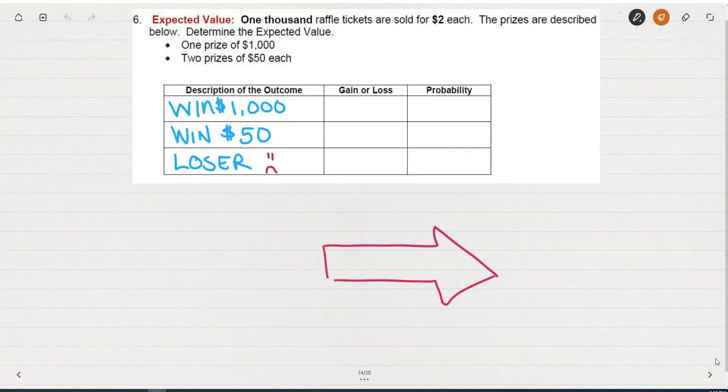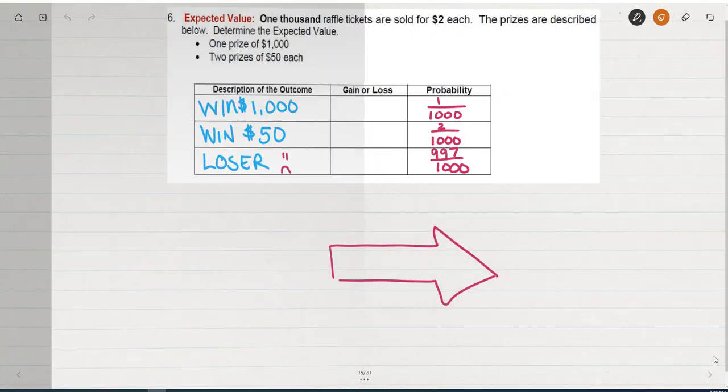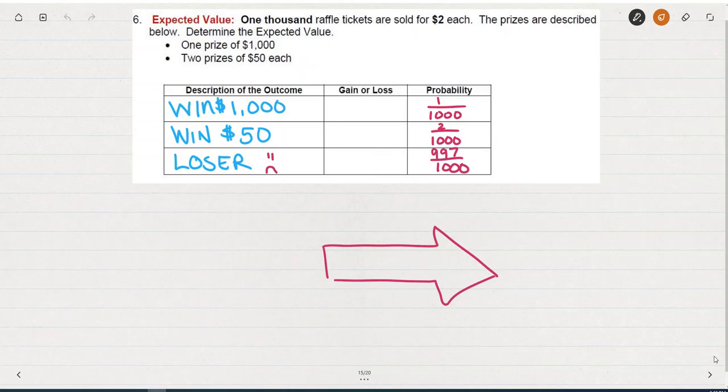Let's look at another raffle ticket where there are 3 winners. One winner will get $1,000, another winner will get $50, and a third winner will also get $50. So there's a total of 3 outcomes: winning 1,000, winning 50, or losing. Winning 1,000 is a chance of 1 in 1,000.